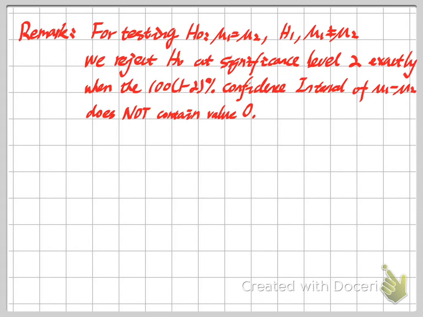And for the hypothesis test and the confidence interval, we need to work on the same accuracy level, right? So one is the confidence level alpha, and the other is the significance level alpha. It should be the same. So this is the end of our video.